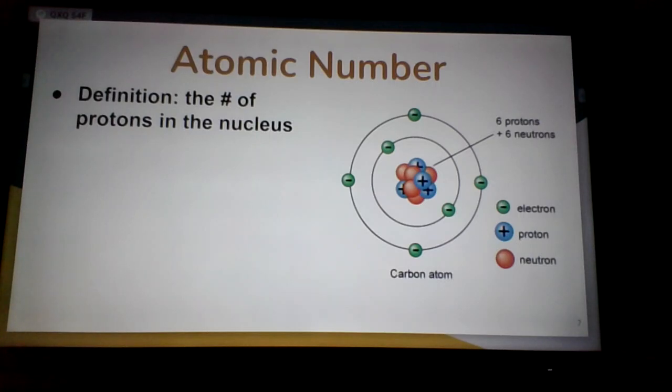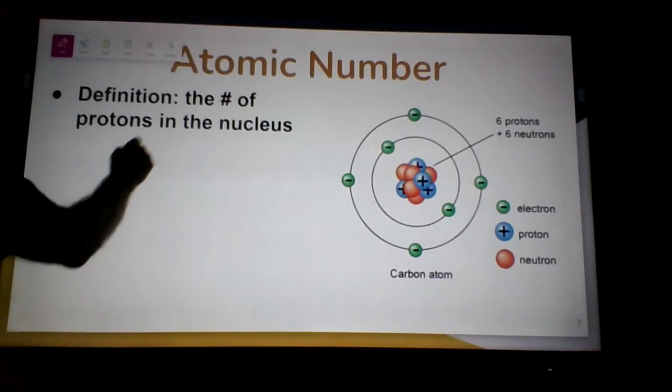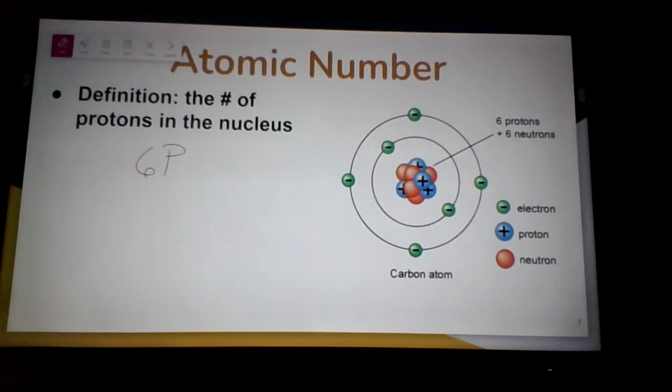The definition of atomic number is the number of protons in the nucleus. So every element of carbon has 6 protons. The atomic number of carbon is 6. That's the reason carbon is element number 6 on the periodic table. The periodic table is in order by atomic number.